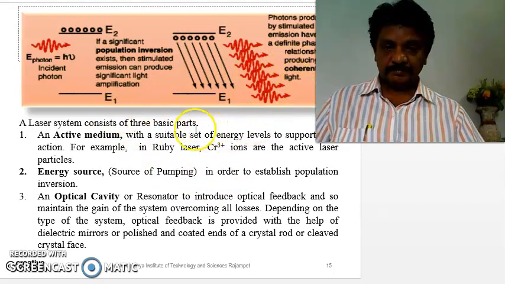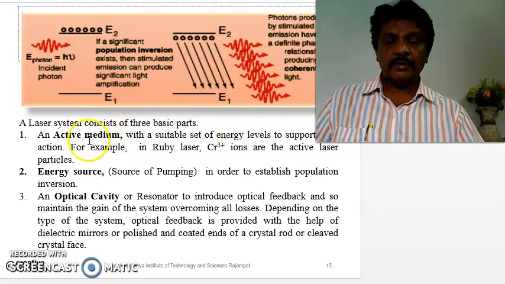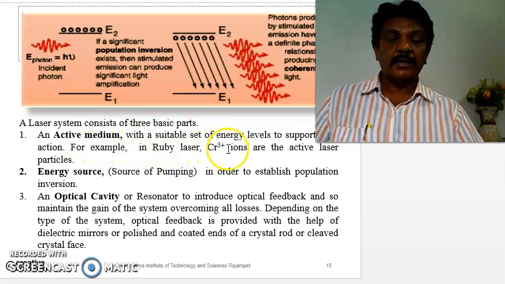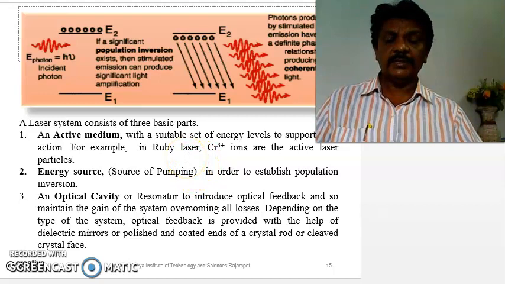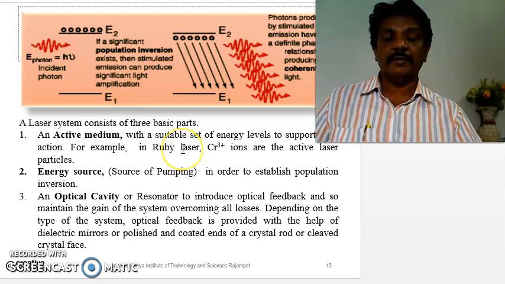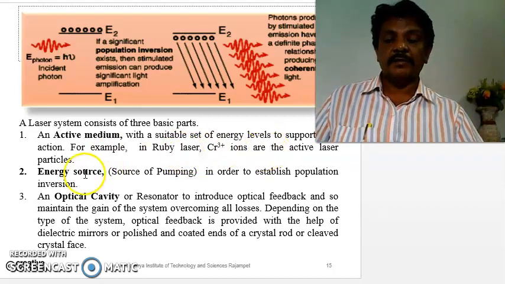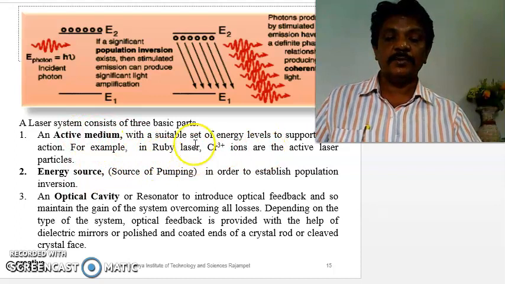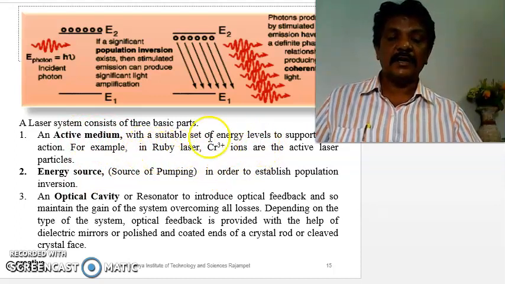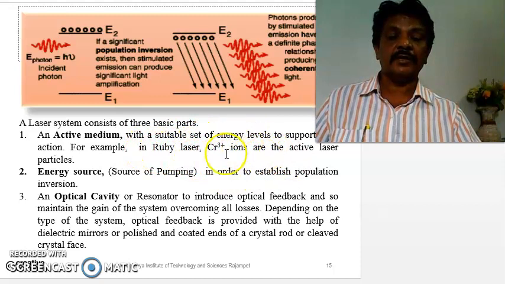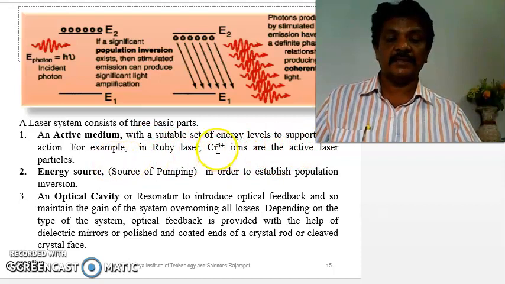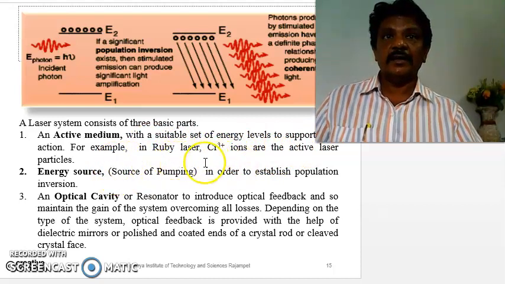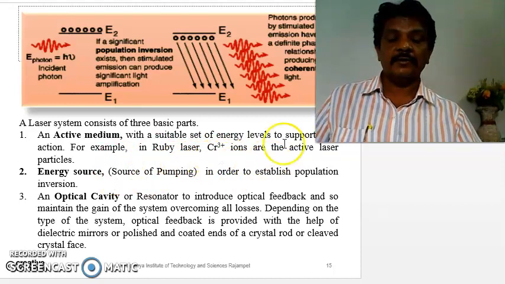For laser light, three basic parts are required. One is the active media, which is the material or gas whose energy levels can be excited, and thereby it supplies the transition from higher energy to lower energy. For example, in the ruby laser, chromium ions are the active laser particles, and in the helium neon laser, helium particles are the active particles.